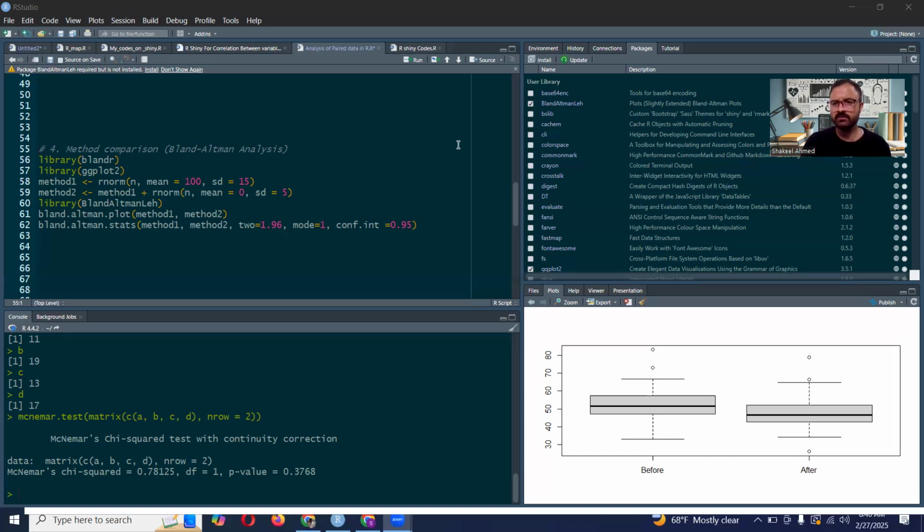So we want to compare whether the two methods are providing the same result, whether they have certain agreement or not.